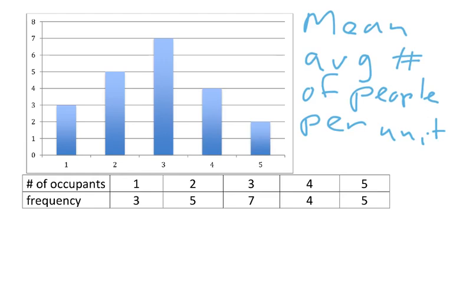In order to calculate that mean, I would need to know what is the total number of all the occupants that I have, and what is the total number of all the units that I have? Let's start by looking at the total number of occupants. Or again, total people, just to save a little space.